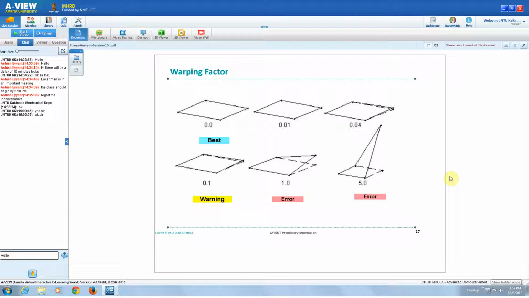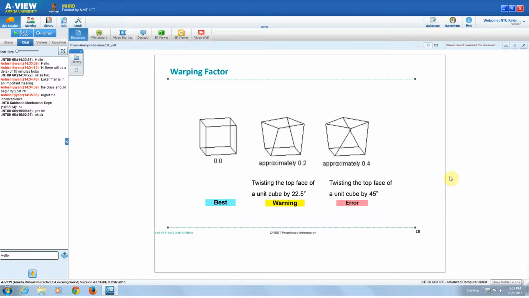So 0.1 is a warning for the warping factor, and from 1 onwards it will give error elements. And this is for brick elements.